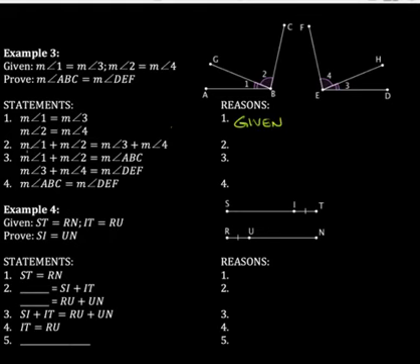In statement 2, we said that if we add 1 and 2 together, it's the same as adding 3 and 4 together. Well, why is that true? Well, I know that 1 and 3 are equal, and that 2 and 4 are equal. So this is back to that idea of if A equals B and C equals D, then A plus C equals B plus D, right?